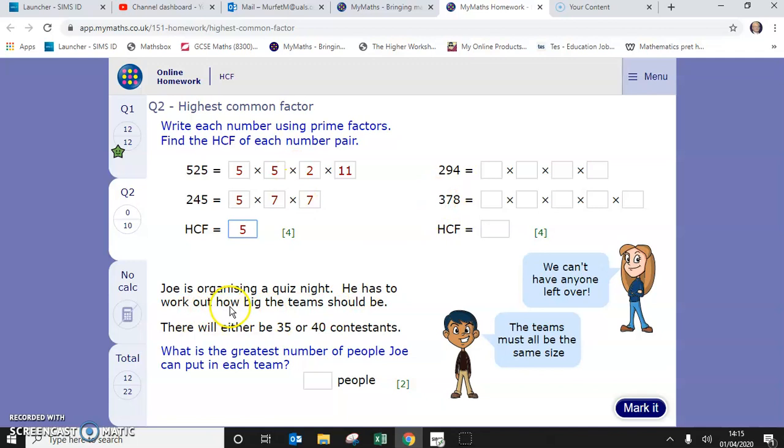Okay, looking at this one down here. Joe is organising a quiz night. He has to work out how big the team should be. There will either be 35 or 40 contestants. What's the greatest number of people Joe can put in each team? So, if I'm thinking about 35 and 40, the biggest number he could put in the teams.